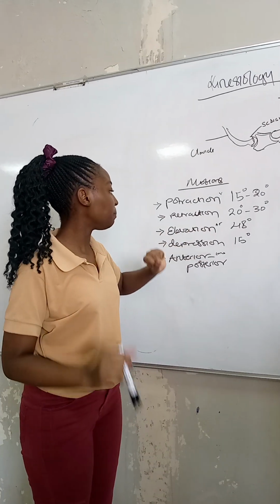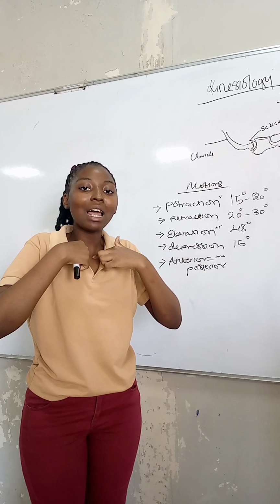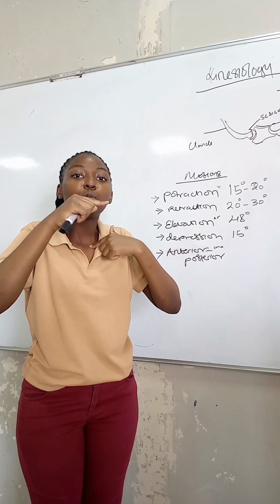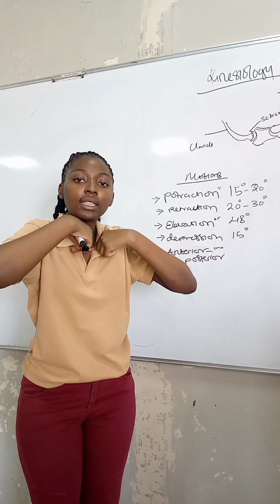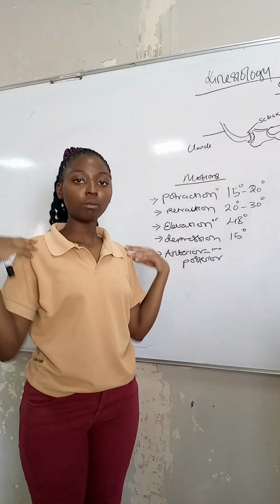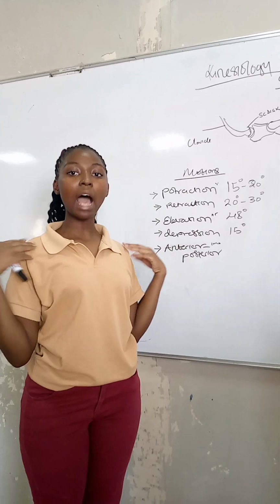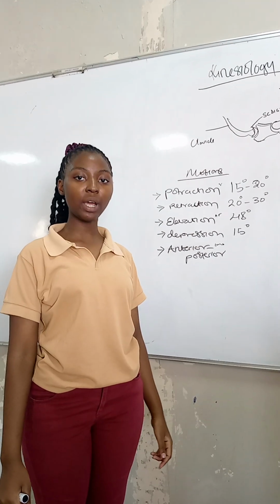So when there's elevation, the clavicle rolls on the manubrium facet and the sternoclavicular disc goes downwards, and then during depression, the clavicle moves superiorly.